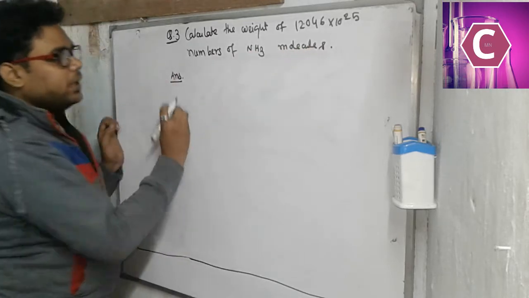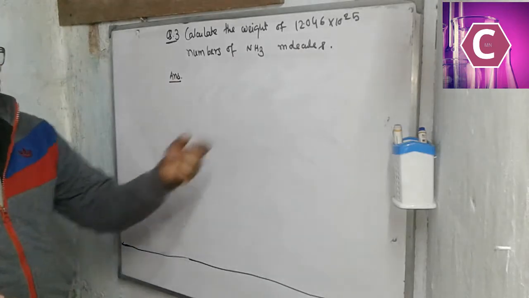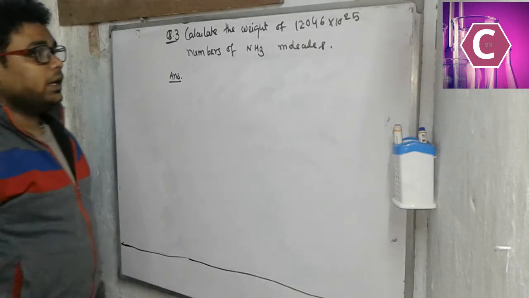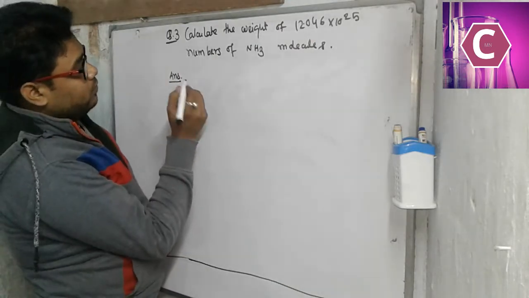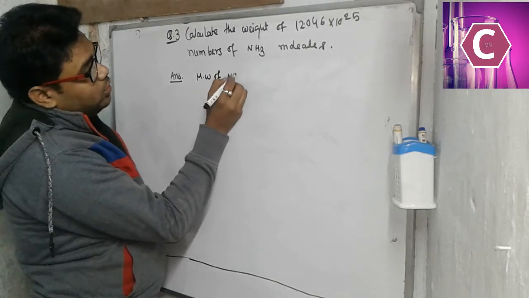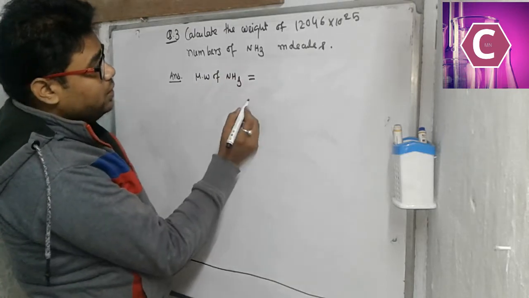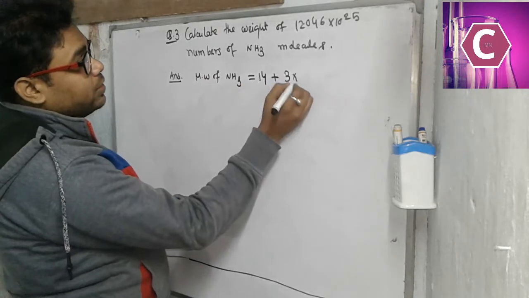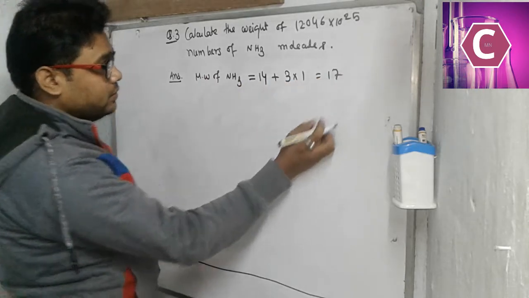How can we calculate the weight of these numbers of NH3 molecules? Again, first we have to calculate the molecular weight of ammonia. What is the molecular weight of ammonia? It is equal to the atomic weight of nitrogen, that is 14, plus 3 into the atomic weight of hydrogen, that is equal to 17.